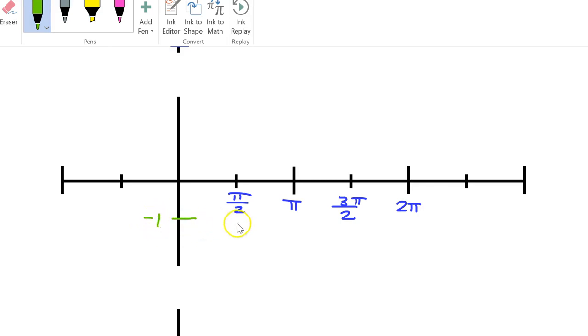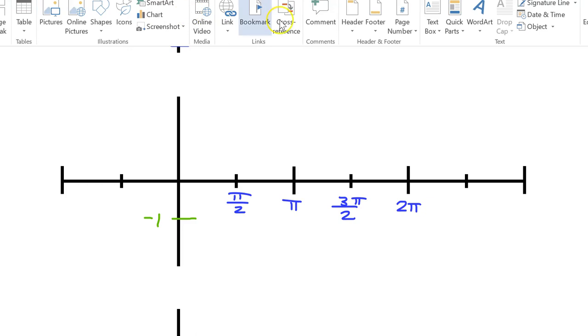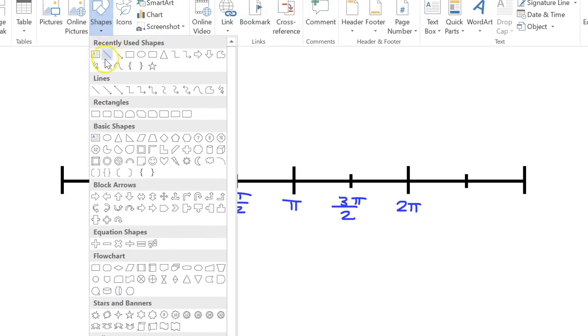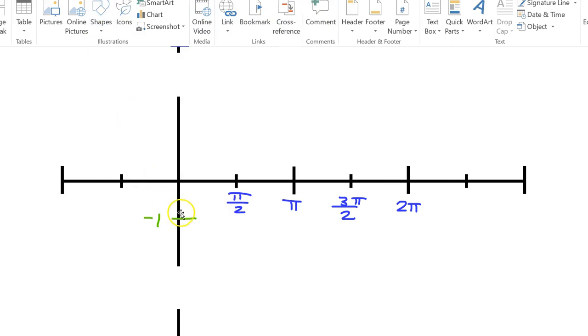Okay, so here I am at -1, and you know what, I keep threatening to cheat, and I think I am going to cheat this time. I'm going to use the computer to draw this line for me. Wow, that was a fail.